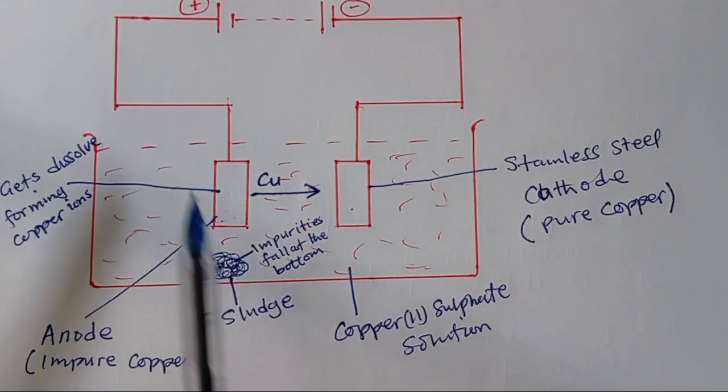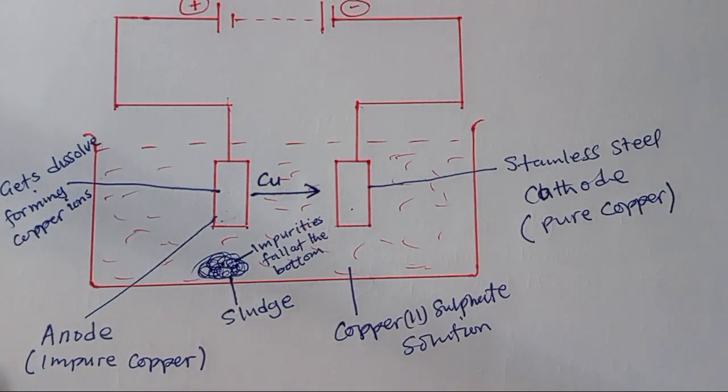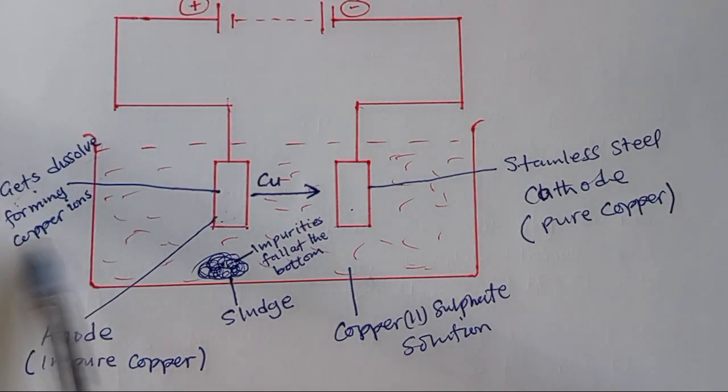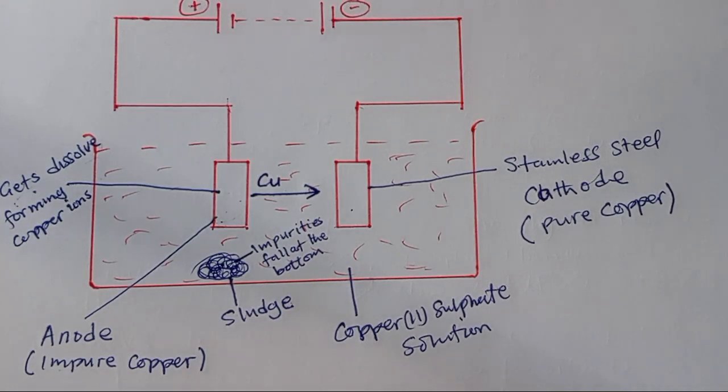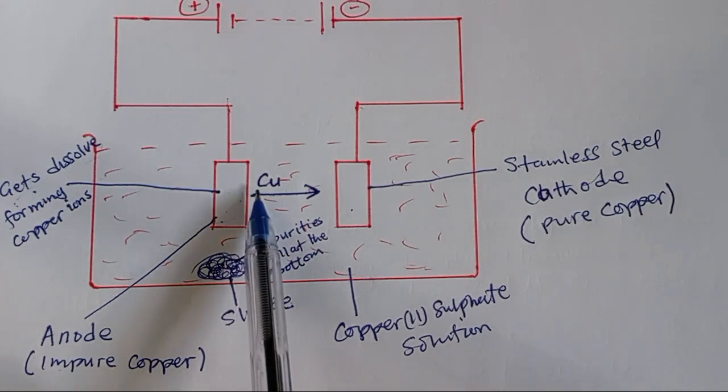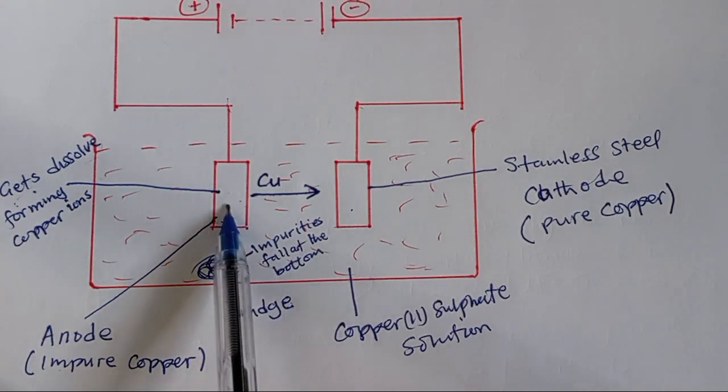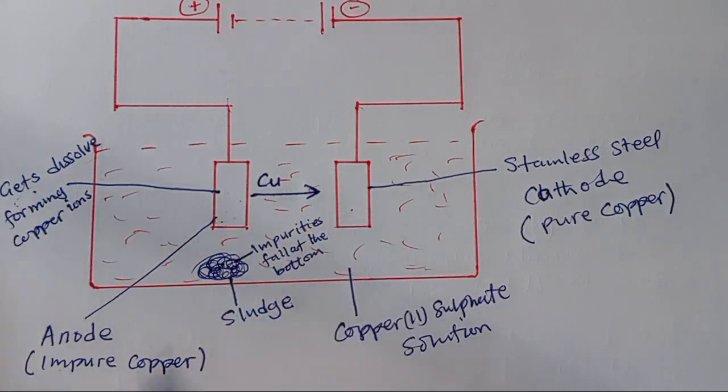The anode, which is the positive charge, which is the impure copper, gets dissolved, forming copper ions. The impurities fall at the bottom, and that is what we call sludge. The copper ions will move from the anode to the cathode.